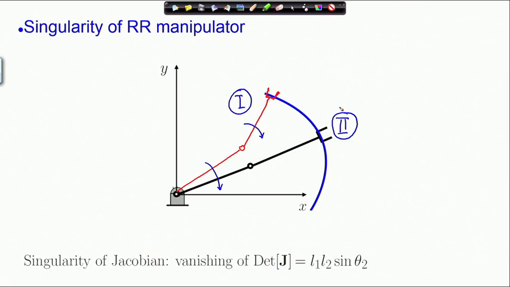Now, here as you can see that this angle has straightened out. So, this angle theta 2 is roughly 0 degree.